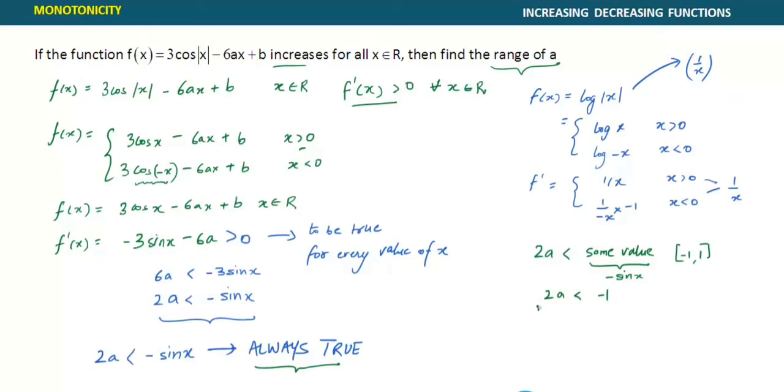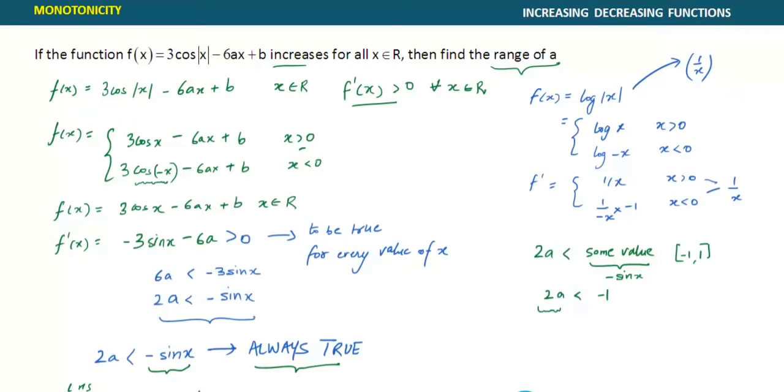Because let's say, for example, LHS here is minus 5. Can you say that minus 5 will always be less than minus sine x, irrespective of the value of x? If I say it is minus 4, it will always be less irrespective of the value of x. If I say it is minus 100, it will always be.